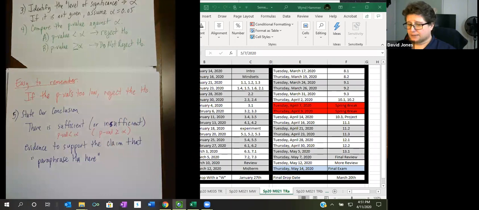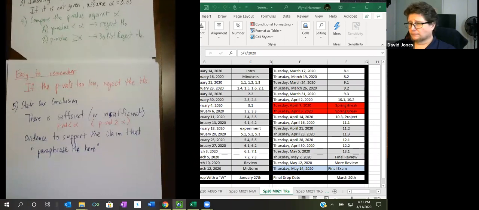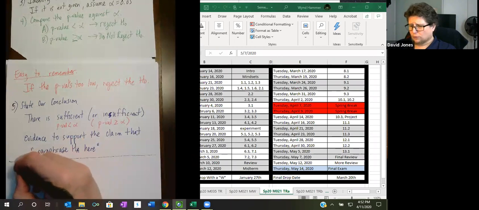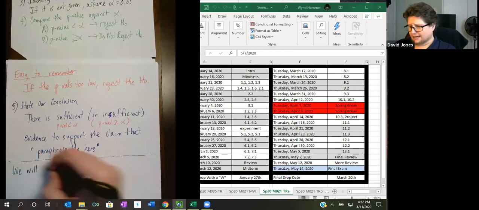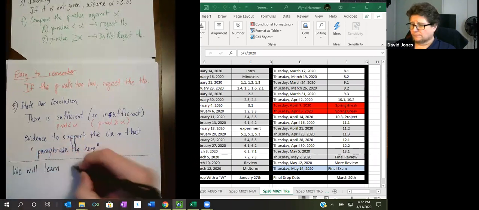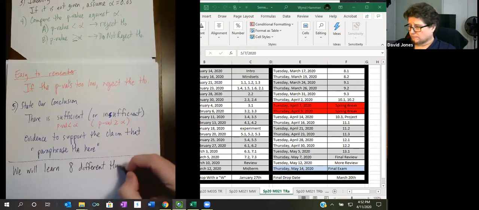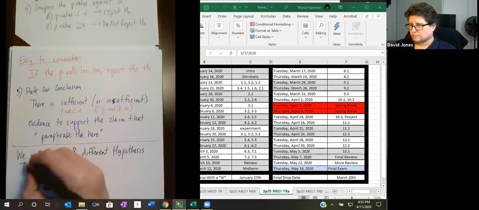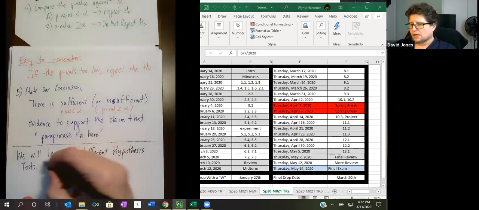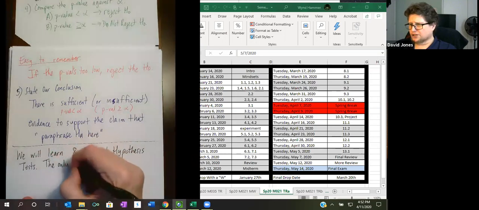So 5 steps. The thing I think you're going to like the most: we will learn 8 different tests. The only step that ever changes is the first one.